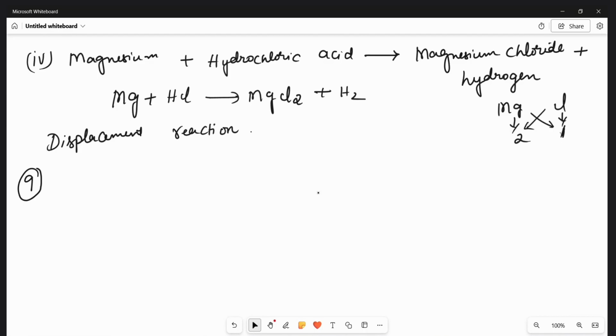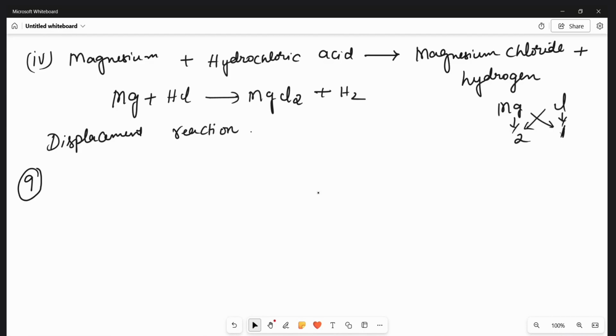All decomposition reactions are endothermic reactions, because you are providing the heat.